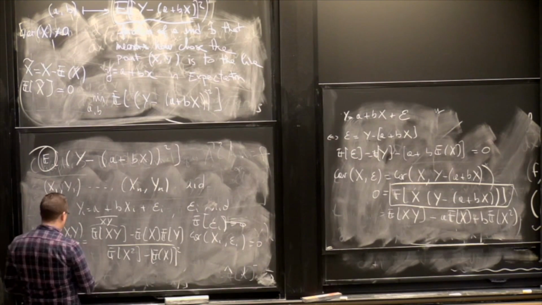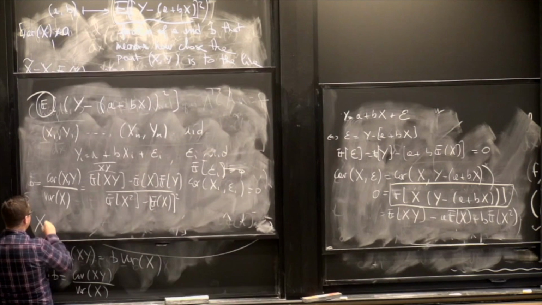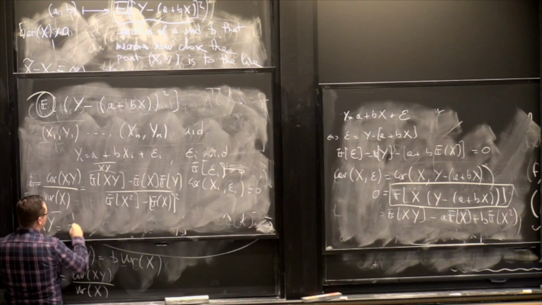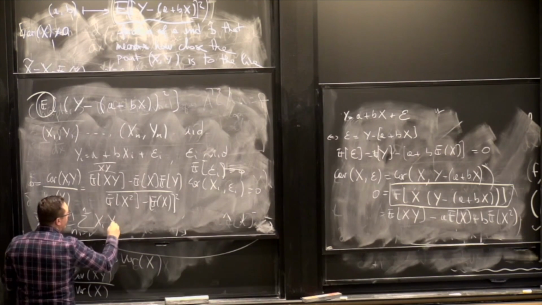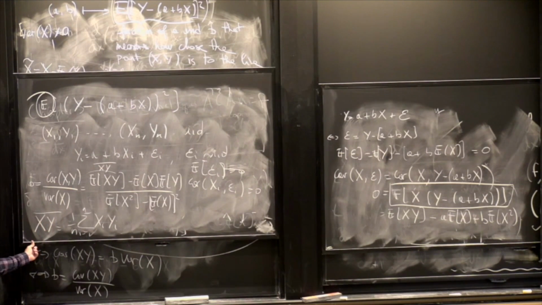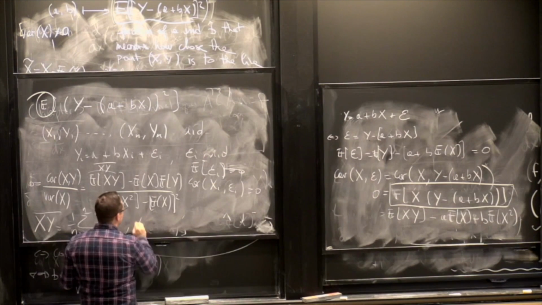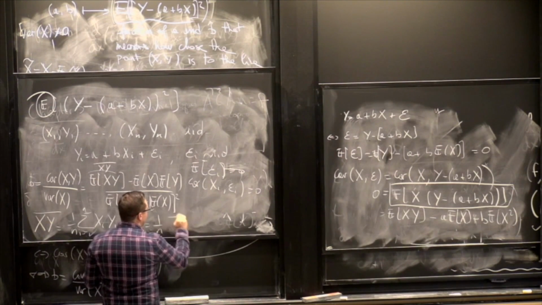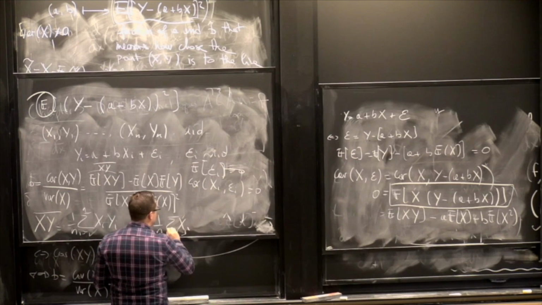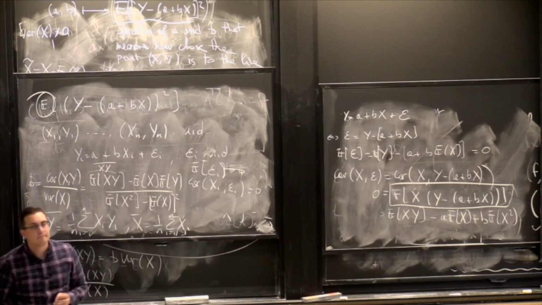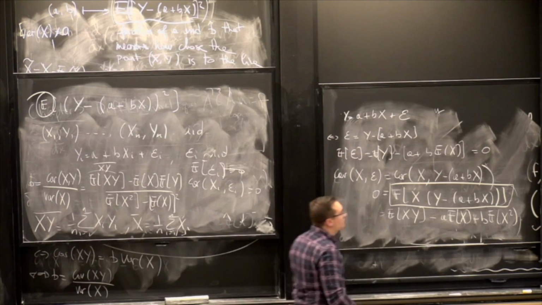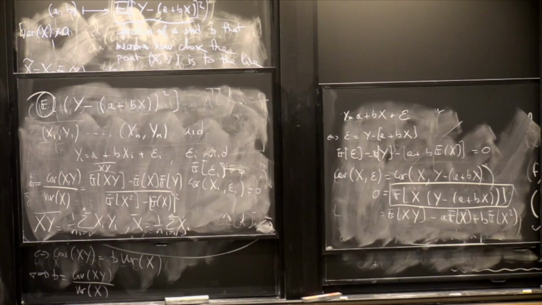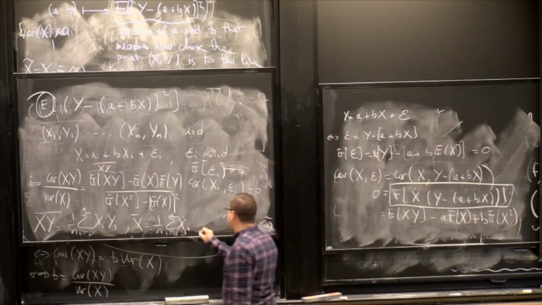So xy bar is 1 over n, the sum from i equals 1 to n of x_i times y_i. x bar, of course, is the one that we're used to, and same for y bar. x squared bar is the average of the squares, and x bar squared is the square of the average.